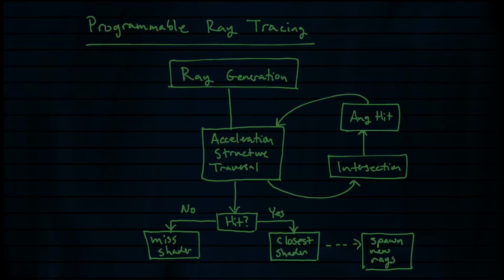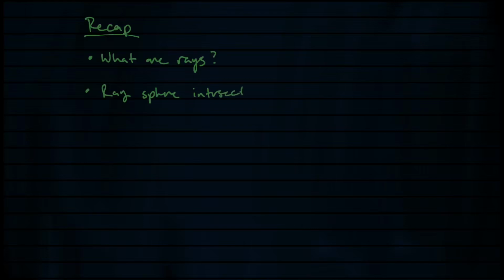So that's about it for this particular video. Just to recap, we talked about what rays are. We talked about ray-sphere intersection. We also talked about how camera rays work and how you might want to have a list of objects to check intersections against, and how we want to essentially create a ray for every pixel, which is called backward ray tracing when we start from the camera.